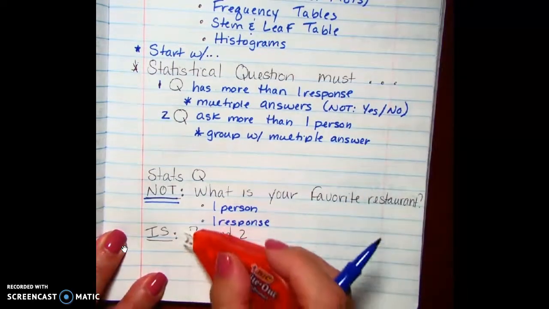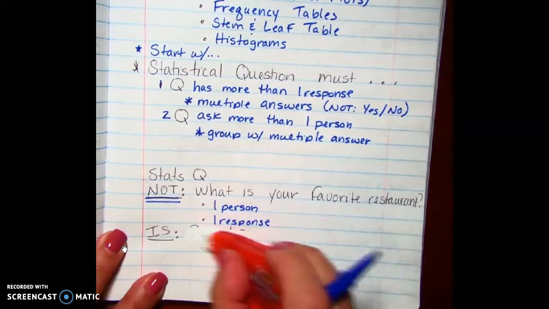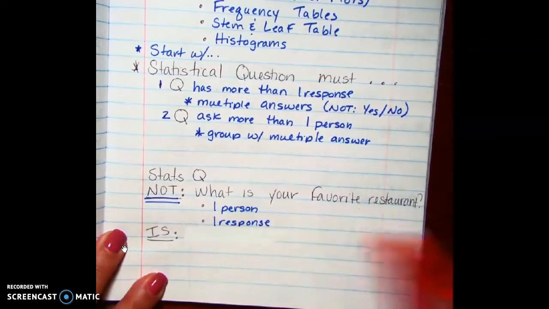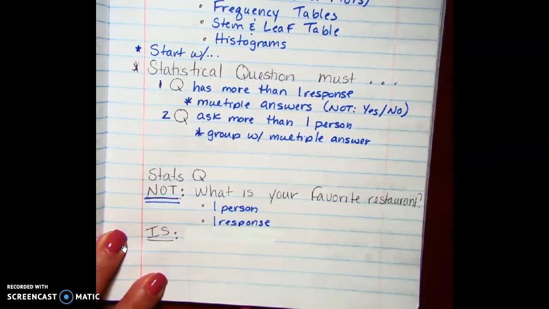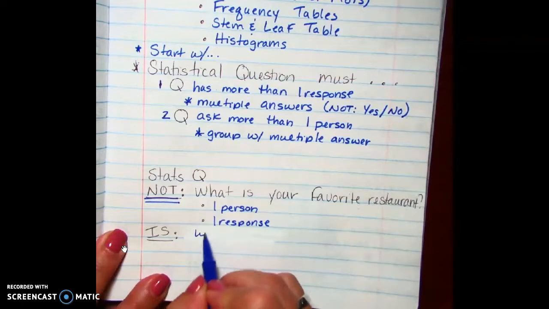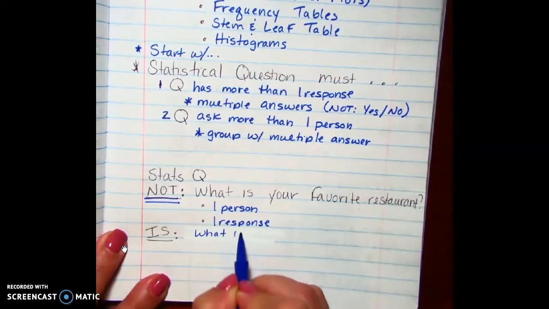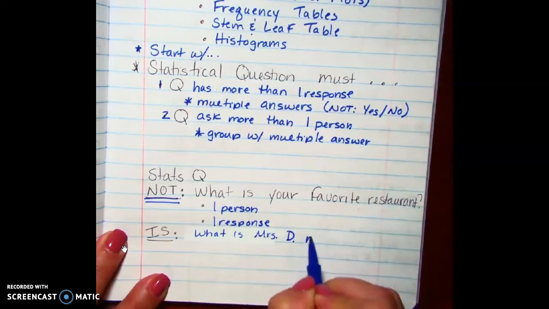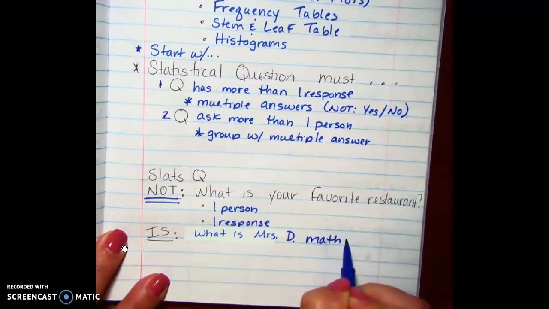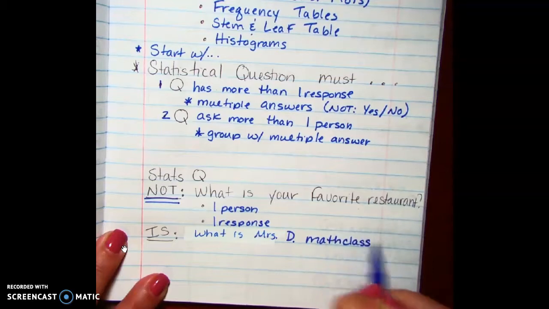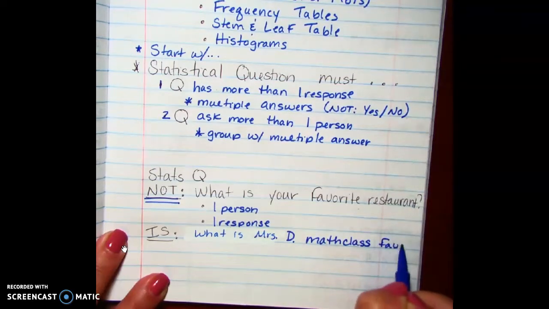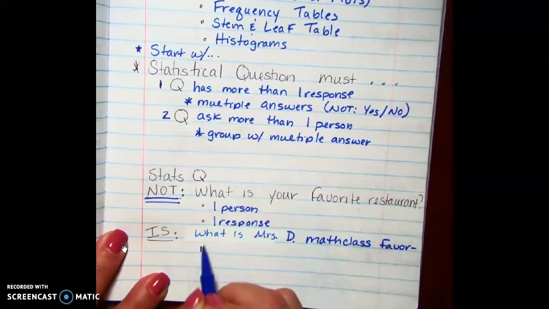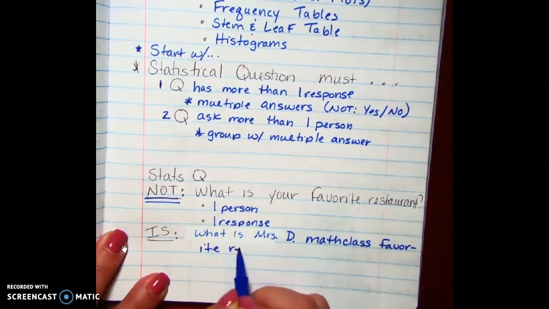So, how could I turn this into a statistical question? What is your favorite restaurant? Well, instead of asking one person, I'm going to ask the whole group, what is Mrs. Dawson's math class's favorite restaurant?